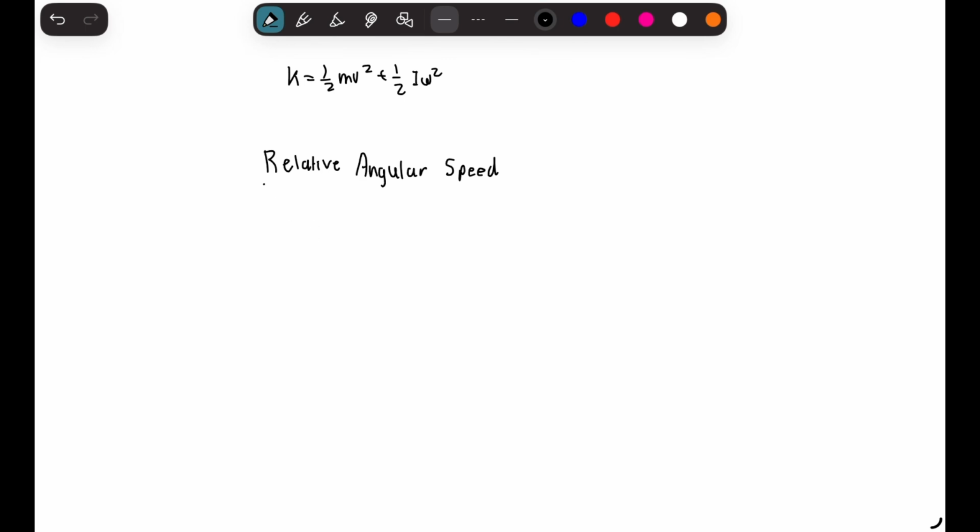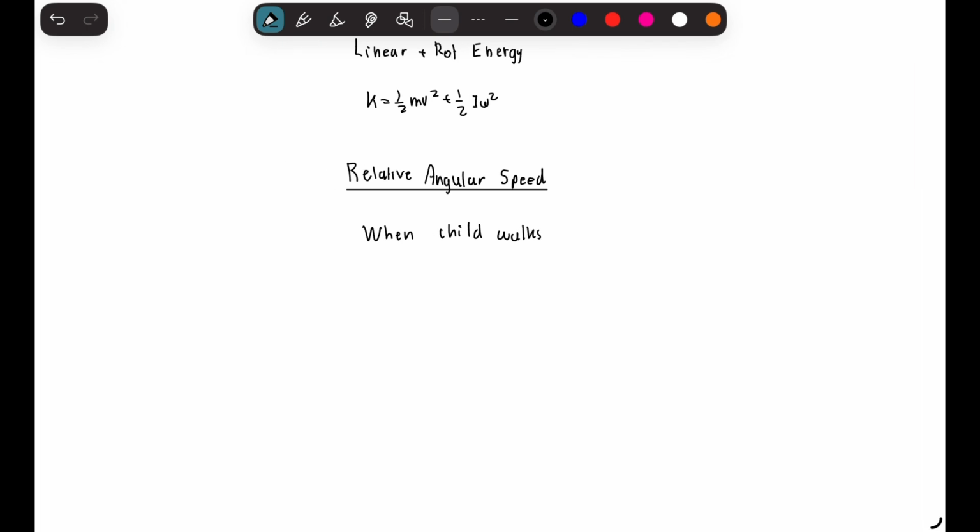So just a refresher on that. If you have a child that walks relative to the ground, omega child, ground is going to equal omega child, platform plus omega platform.